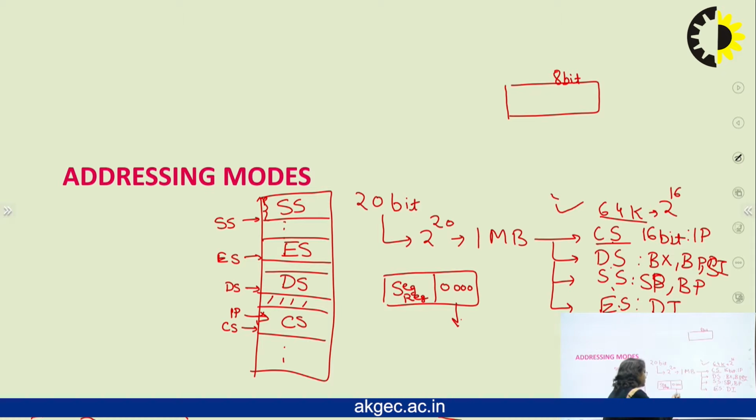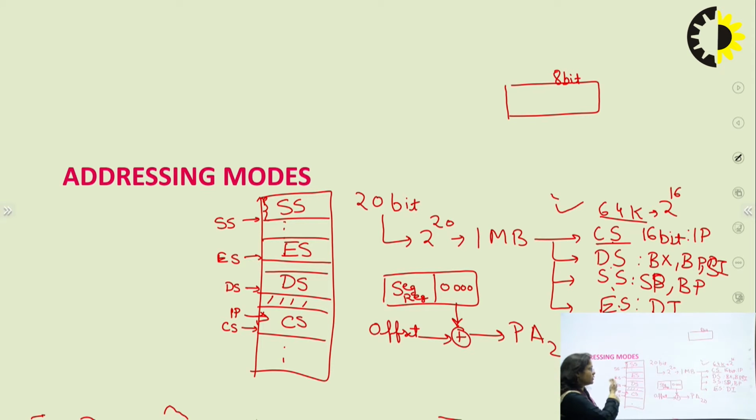Then this value is added to the offset or effective address, which is specified in index or pointer registers, and this gives the complete 20-bit physical address. We are discussing all this because this calculation of converting effective address to physical address gives the different addressing modes for memory addressing.